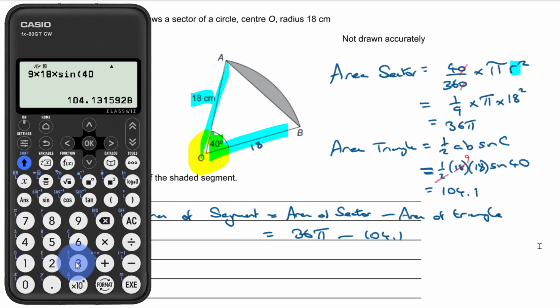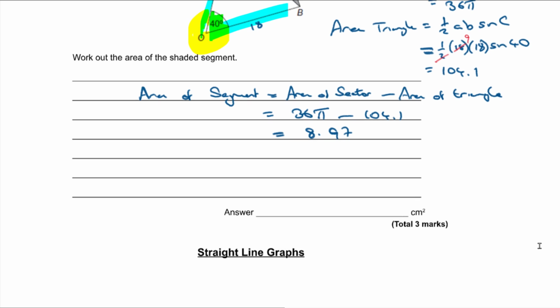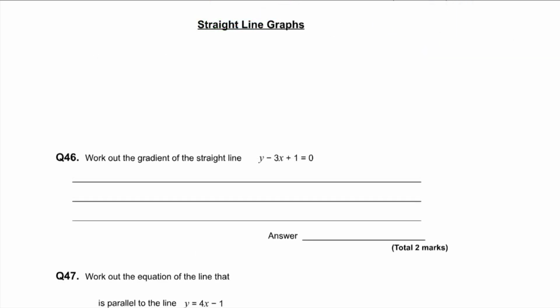If you round it off, you always move away from the true answer. So I'm going to do 36 pi minus answer, and that comes out to be 8.965. I'm going to round up to 8.97. So that is equal to 8.97, and that's going to be my final answer then. It's going to be 8.97 square centimeters.